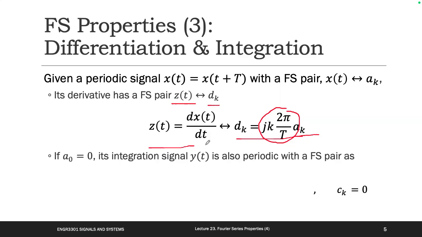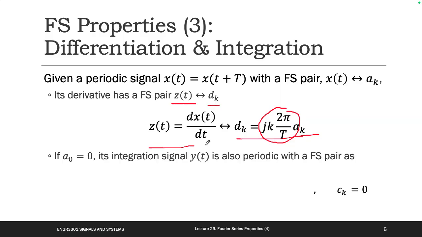For the integration, like we talked about, the a naught for the signal x(t) must be 0, otherwise you cannot use this property.